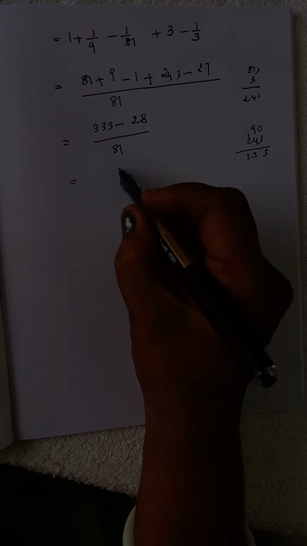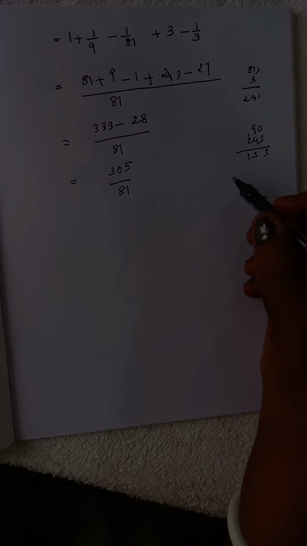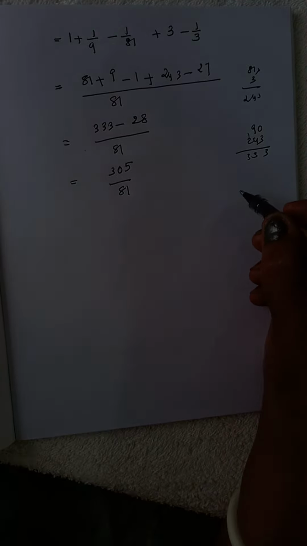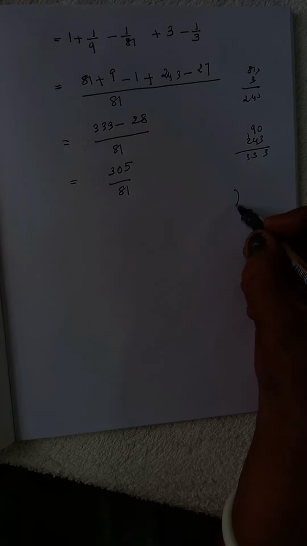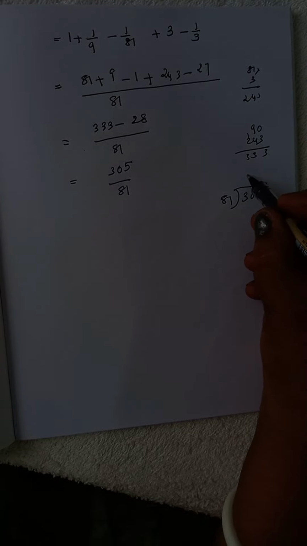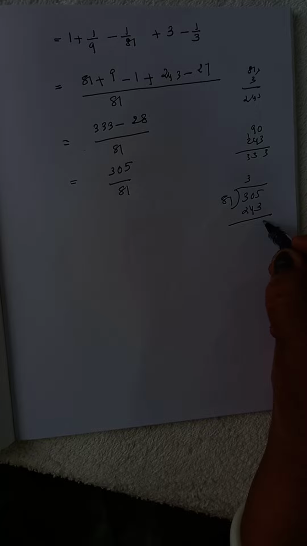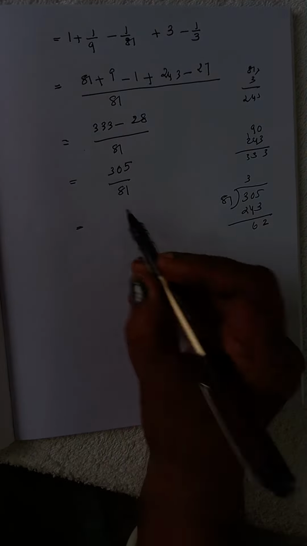So this is equal to 305 by 81. So we can write this as 3 and 62 by 81.